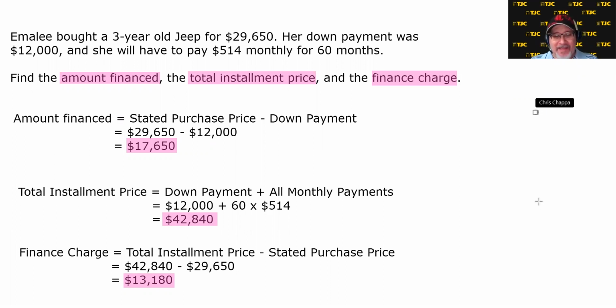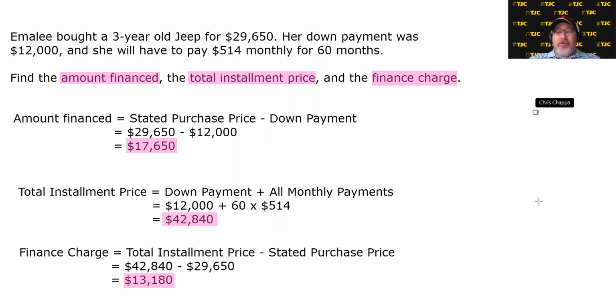In fact, if you divided that by 60, it's like you're paying an extra, that can't be right. I guess it is. If you divide that over the monthly payments, then for each of your monthly payments, $219.67 of it goes towards the finance charge. The rest pays off what you owe.